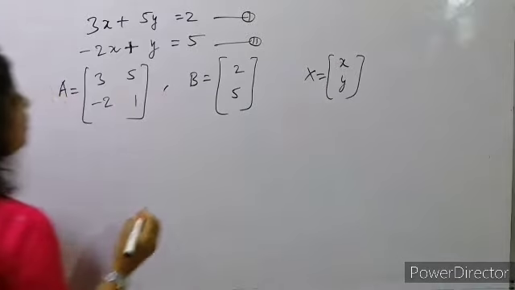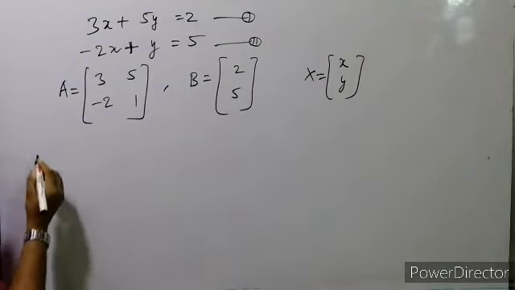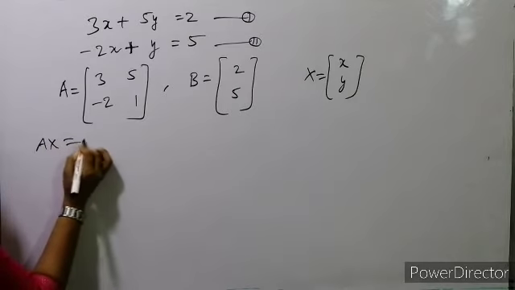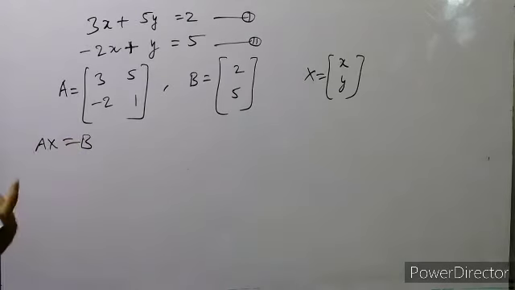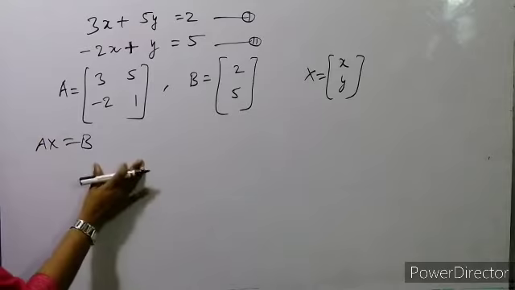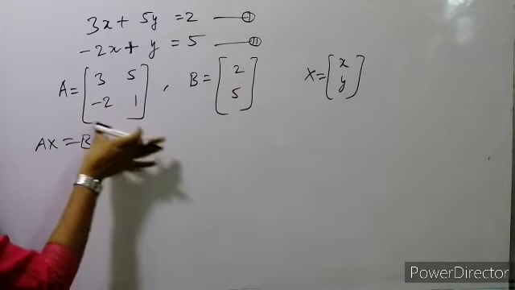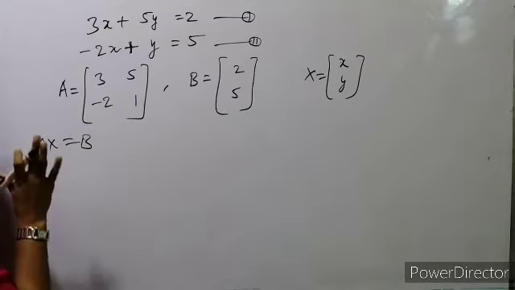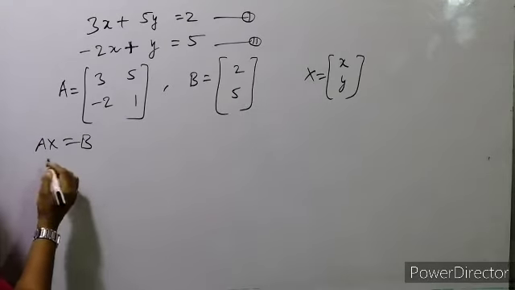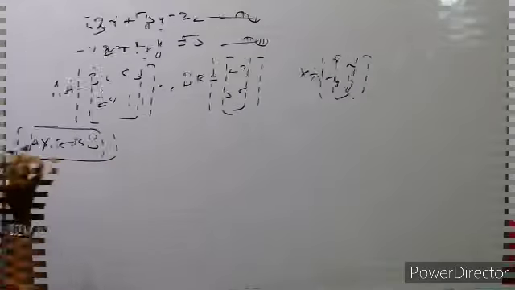Now what we have to do is AX = B. In the question they are asking for the matrix equation. Two linear equations are given, and you have to write the matrix equation. So this will be the matrix equation.